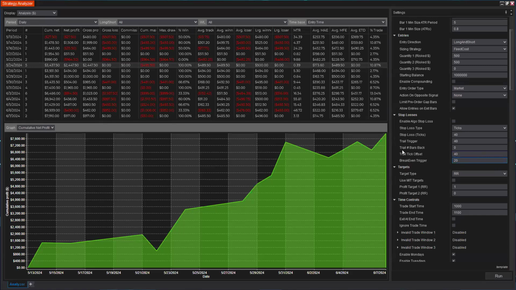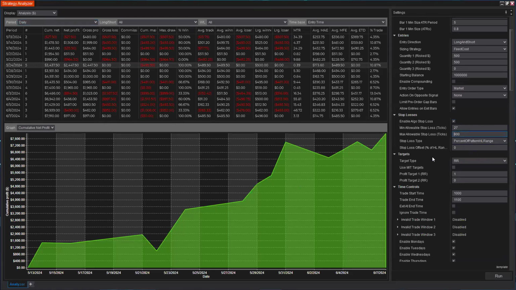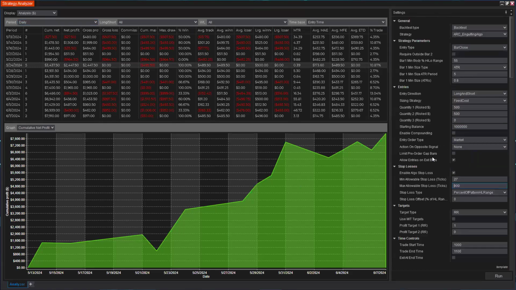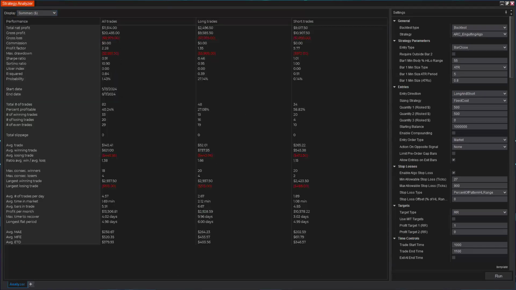So if you get 20 ticks in the positive, it's going to bring it to net zero. And then you can trail by 40 ticks the whole way. Let's see if that works, actually. Let's try it. Yeah, okay, that worked.